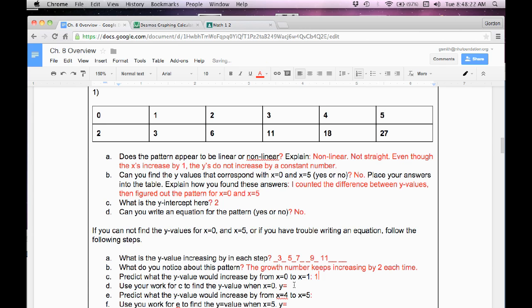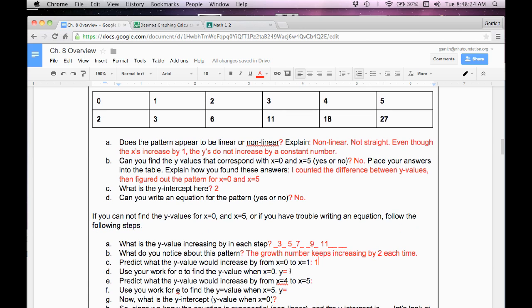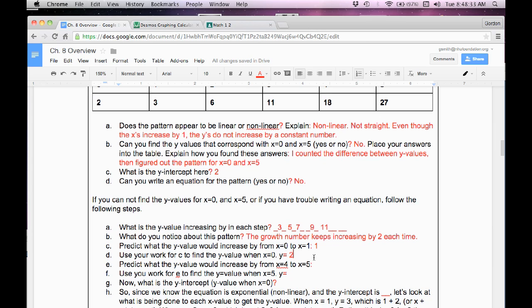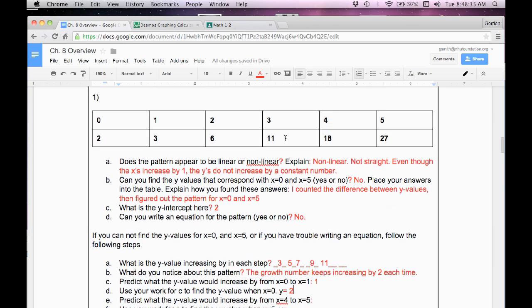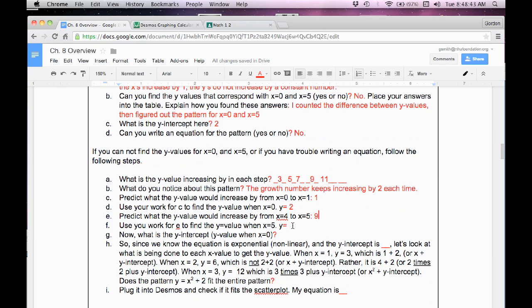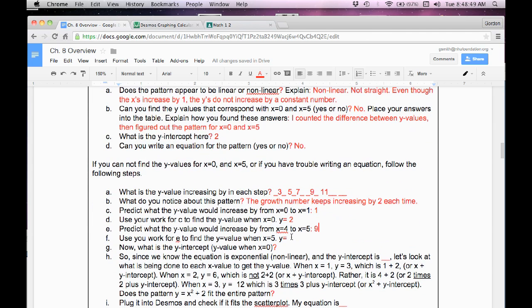Okay. Use your work for C to find the y value when x equals 0. Well, we figured out it must be 2. Predict what the y value would increase by from x equals 4 to x equals 5. Here, if it's 7, then the next one's got to be 2 more, so it's got to be 9. Use your work for E to find the y value when x equals 5. When x equals 5, y must be 27.